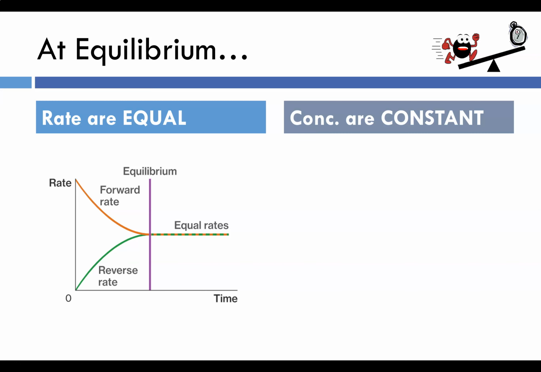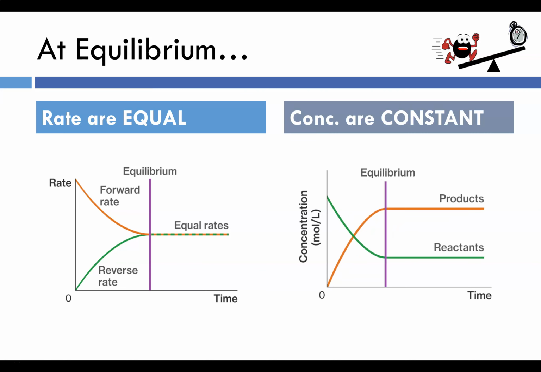So if you're going to try to represent that graphically, you might get something like this, where the green line is representing the original reactants, the orange line is representing the products. You can see that they are definitely not equal to one another, but equilibrium has been established, and we can tell because the concentration of the products and the reactants are no longer changing. They are remaining constant.